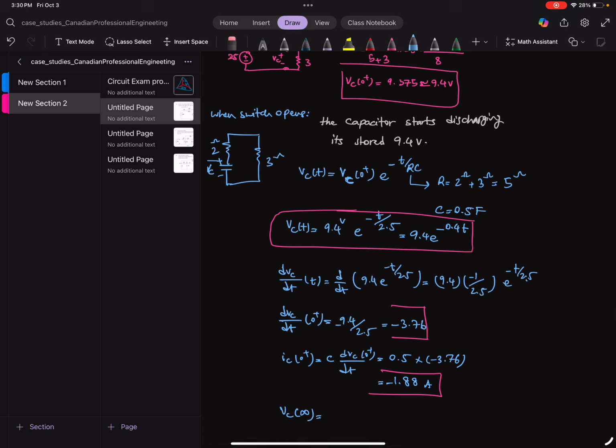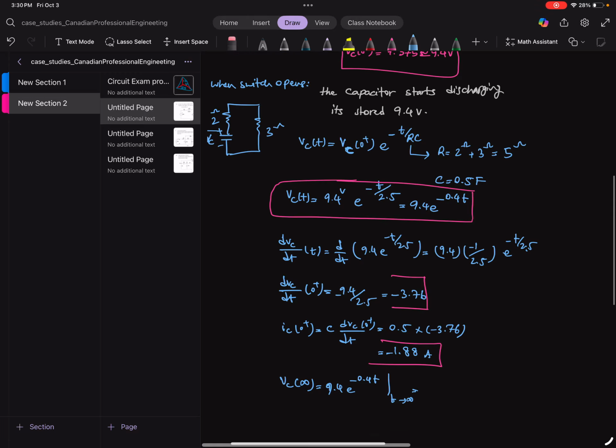So when 9.4 e to the minus 0.4 t goes to infinity, obviously, one way is to solve this mathematically and say an exponential starts from 1 as e to the minus 0.4 t, and then it goes closer to 0.